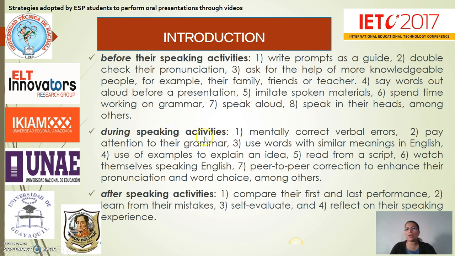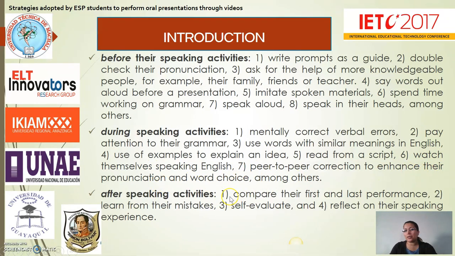During the development of their speaking activities, they usually use mentally correction of verbal errors, paying attention to the grammar, using words with similar meanings in English, using examples to explain an idea, reading from a script, watching themselves speaking English, and peer-to-peer correction to enhance the pronunciation and word choice, among others.